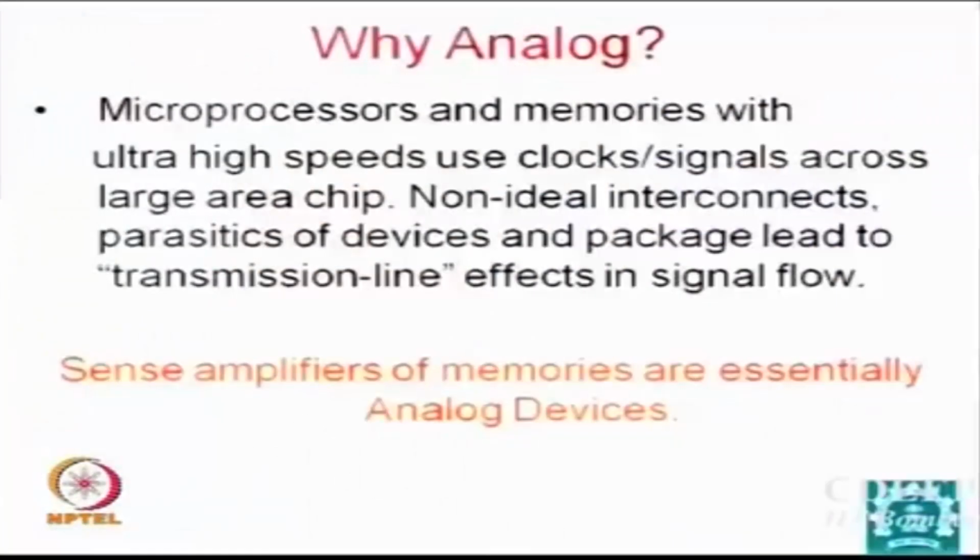Microprocessors and memories with ultra-high speeds use clocks and signals at gigahertz, say 4 gigahertz. System clocks for new Intel processors may be 6 gigahertz. Now these kinds of signals at such high frequencies do not remain pulses. They actually get mashed up and look more like analog. What is the difference? The word analog means continuously time-varying signals.